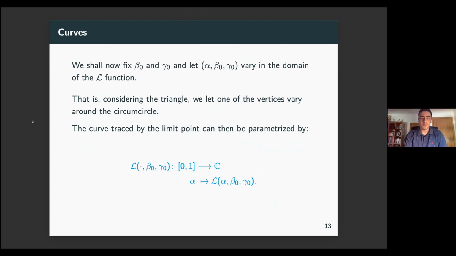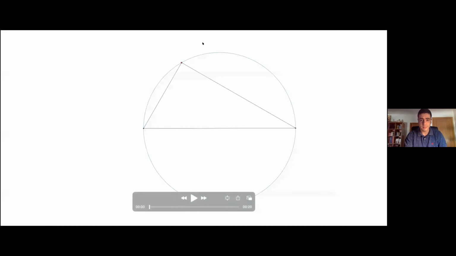And so what we'll do now is fix two of the parameters of the formula and let the other one vary. This corresponds to fixing two of the vertices of our triangle and letting the other one go around its circumcircle. I can try and show you what is happening.